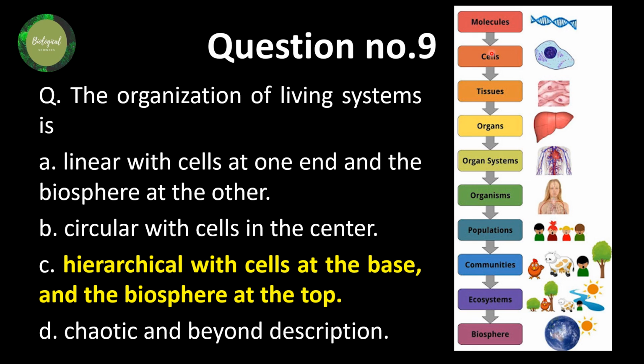So cells at the base, so you can see in this diagram, from cells they start, and cells make up the tissues, make up the organs, make up the organ systems, make up the organisms, make up the populations, and populations make up the communities, and communities make up the ecosystem, and at the top, after ecosystem, it becomes the biosphere.